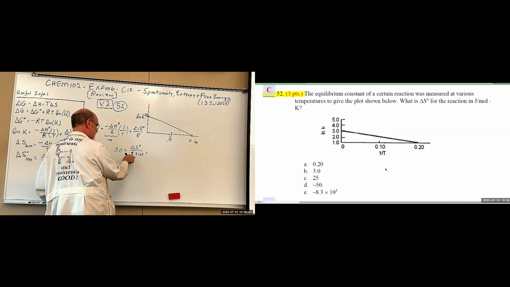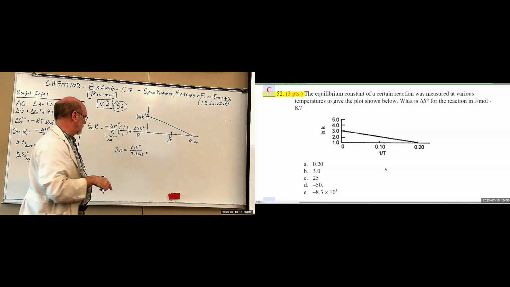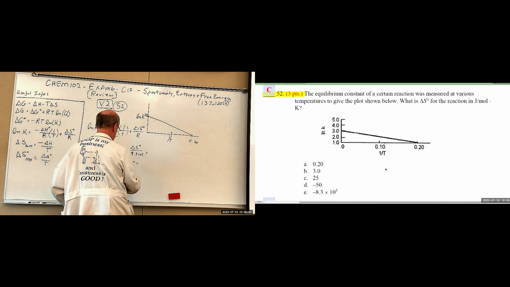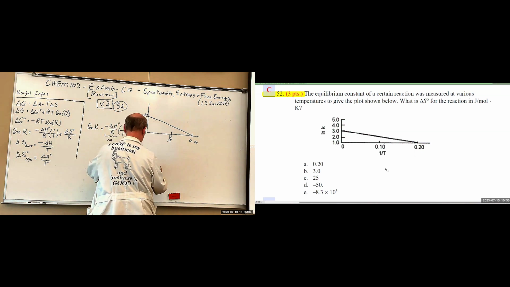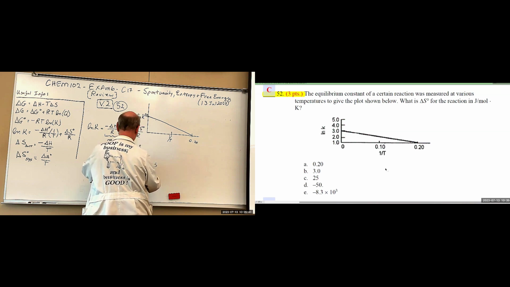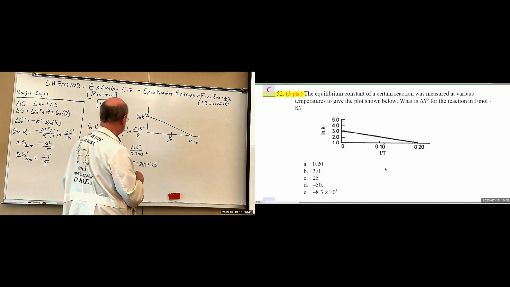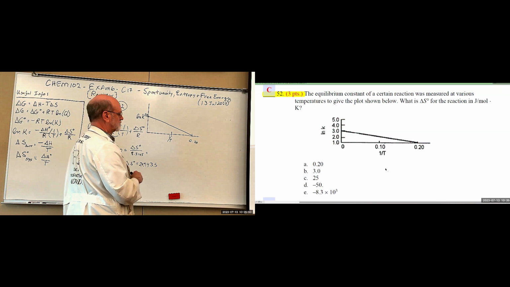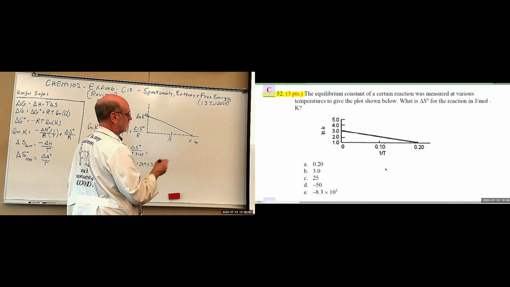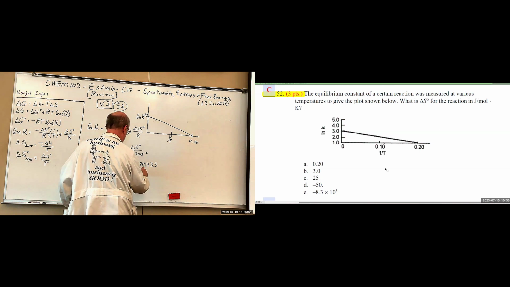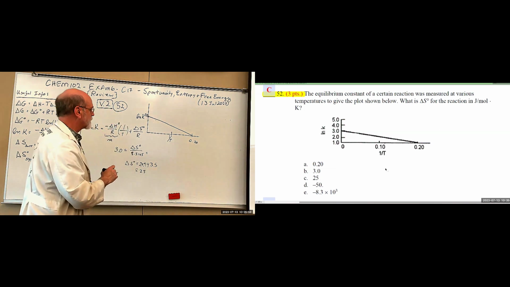So delta S would be 8.315 times 3. I should be able to do that. So 24.9, or 25, rounded off, 25. There you go. So the answer is C.